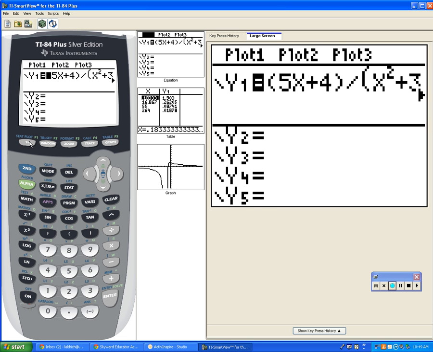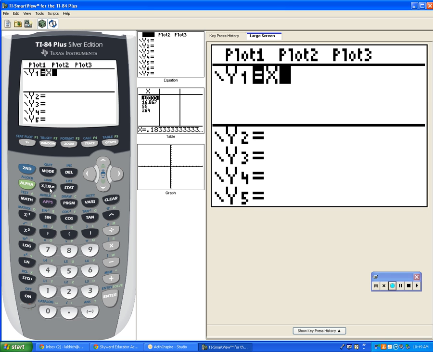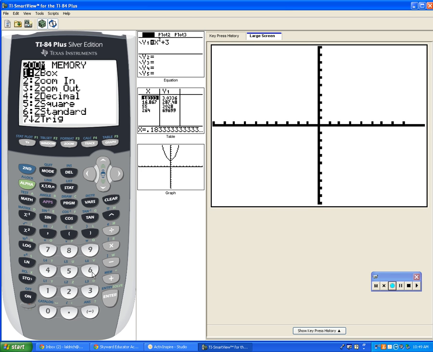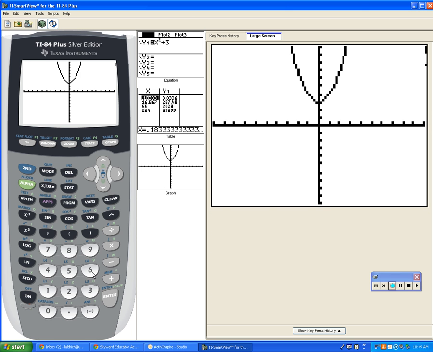So x squared plus 3, and we're just checking to make sure you know how to change your viewing window, because a lot of times the default one that you end up with is not the one that's going to be helpful for you. Does everyone know how to get back to this window, the negative 10 by 10? You go zoom 6, and that'll give you the standard window. So that's always a good starting place, okay?